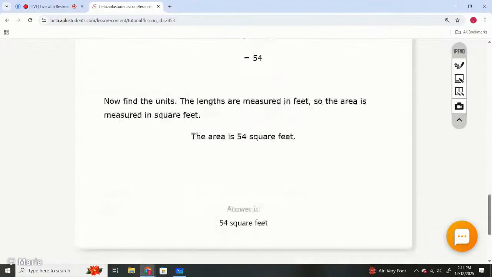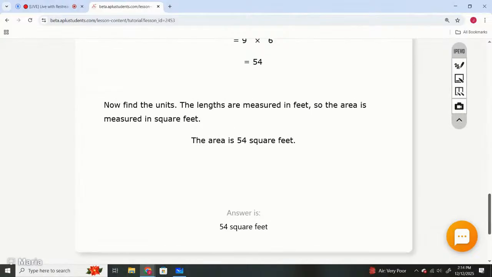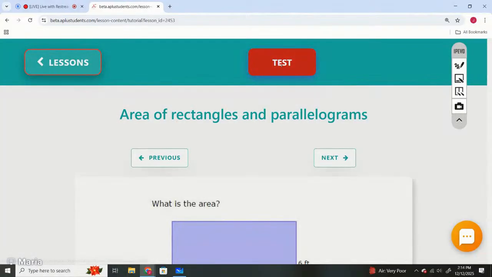That is 54 square feet. Let's start with the test questions.